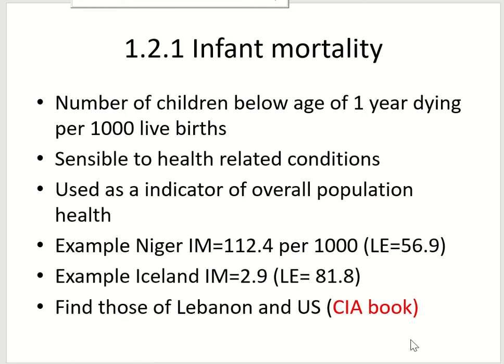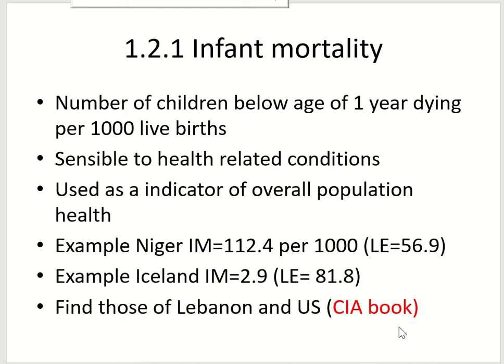There is one source that I always advise students to look at. This is the CIA book. You can Google it, you'll find it online, and it has all information about different countries. I don't have access to internet right now. This is why I'm not able to show you, but you should be able to find it.